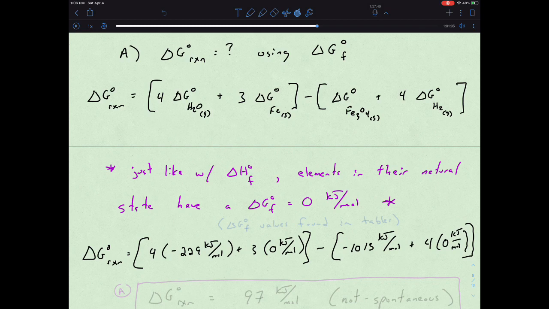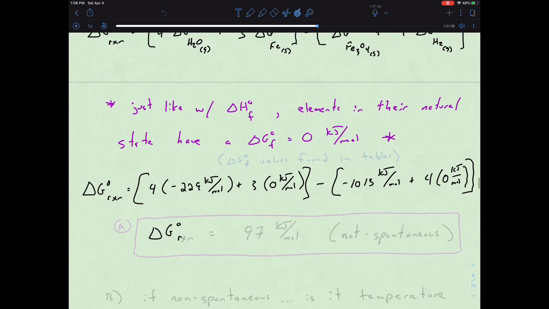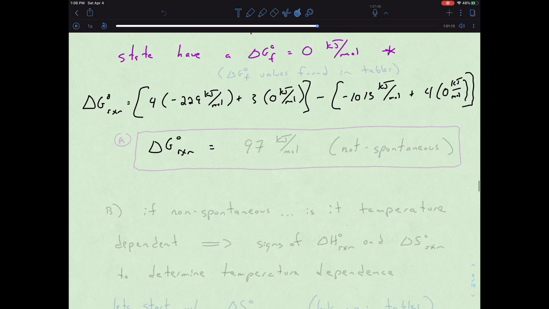So our delta G of this reaction would be equal to 97 kilojoules per mole. And we would say that this is not spontaneous.